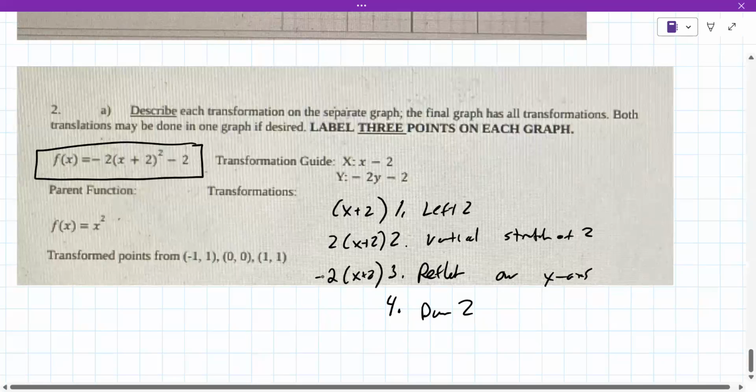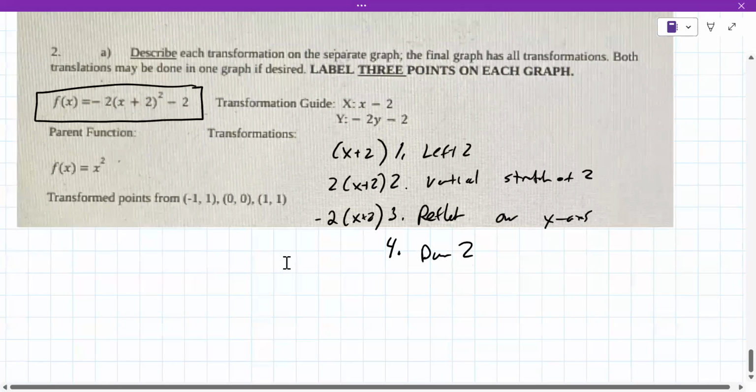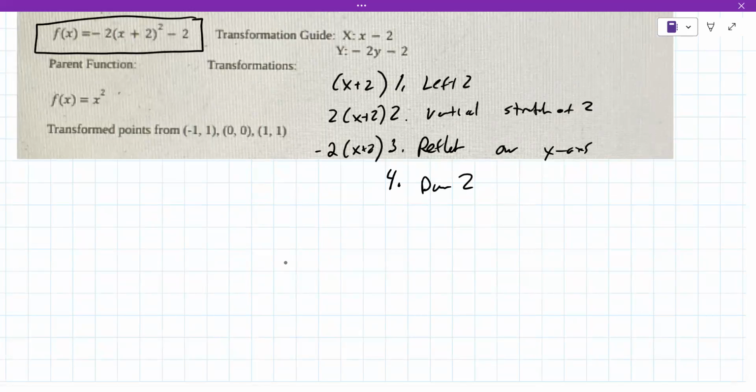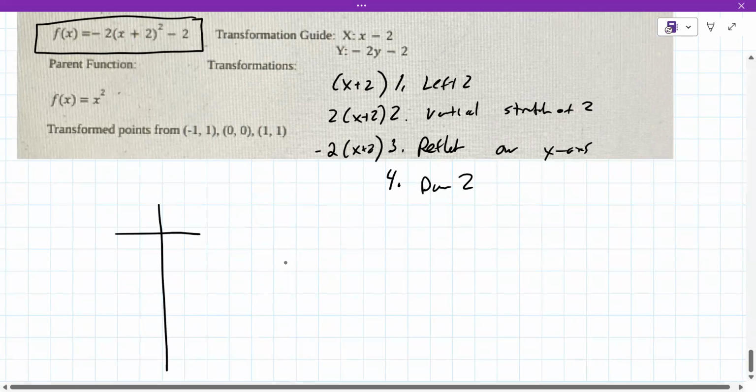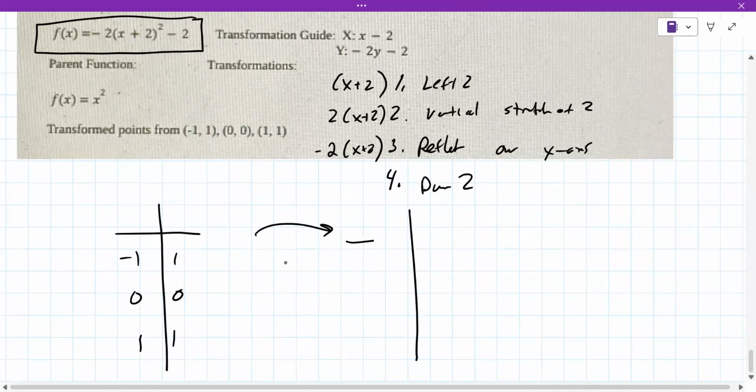So then what they're trying to get you to do next is say, okay, if these are the points, (-1, 1), (0, 0), (1, 1), and we apply all the transformations, which we can do all at once here, the only one that affects x is the left 2. So I know it's plus 2 here. It's still left 2.